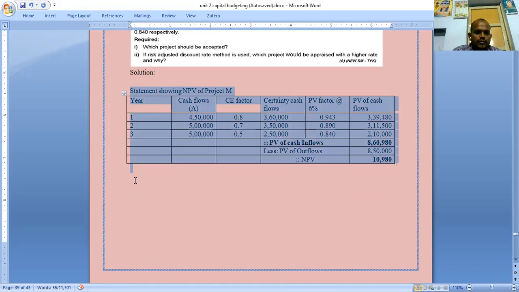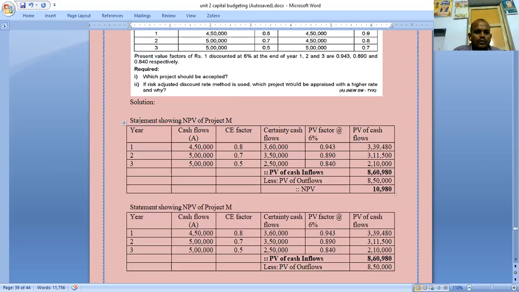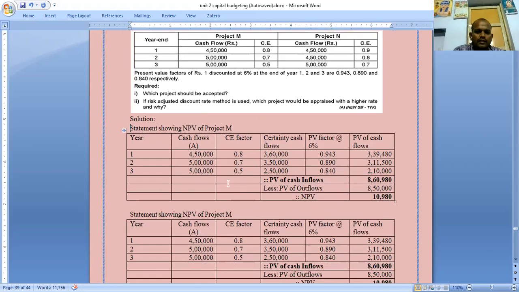So I am using the same table for project N. Certainty cash flows, sorry, 4,50,000 and here also 4,50,000 and 5 lakhs.